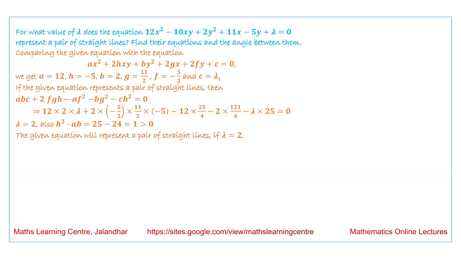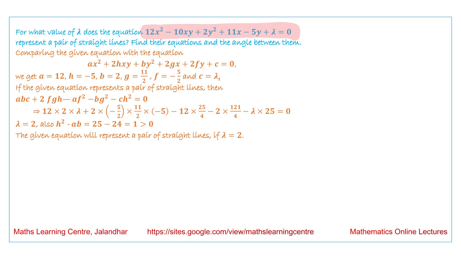So based upon this, we are going to solve certain problems. The first question we have is: for what value of lambda does the equation 12x² - 10xy + 2y² + 11x - 5y + λ = 0 represent a pair of straight lines?